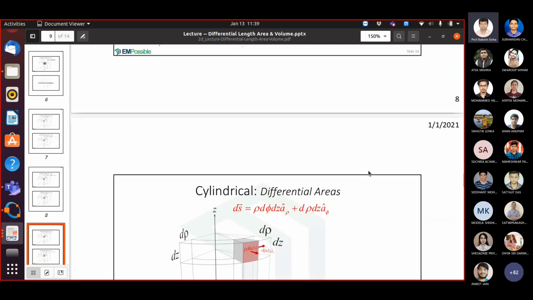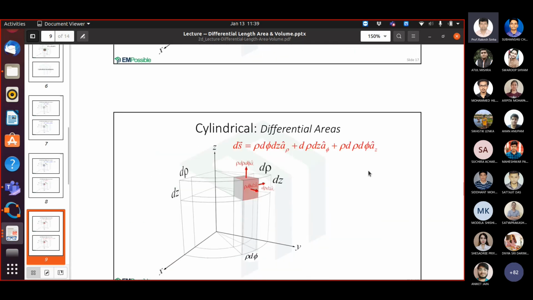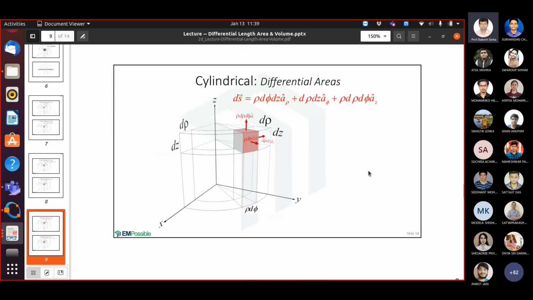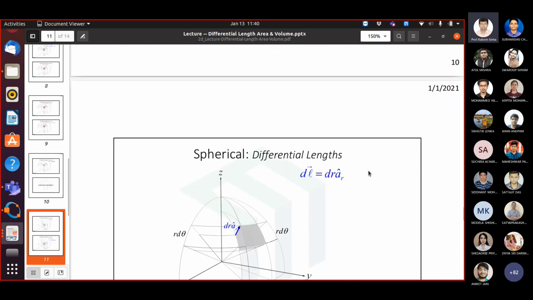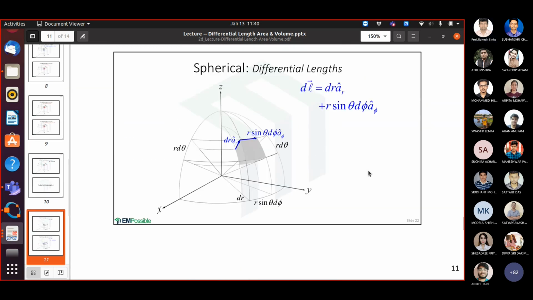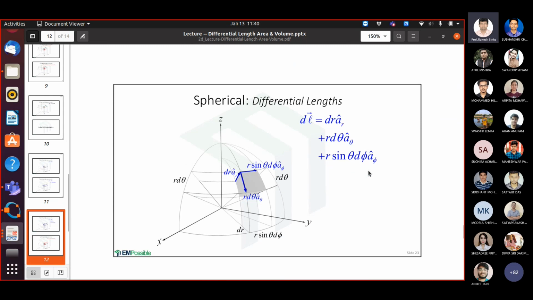Using the same analogy, we can show the same in the spherical system. r is a length, so dr is an incremental length, but theta is an angle, and d theta is an incremental angle.